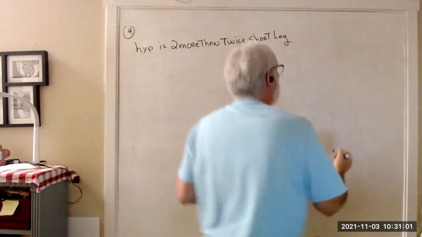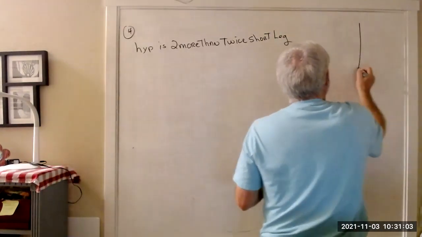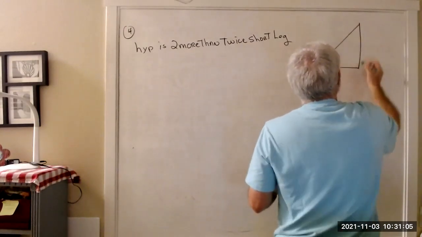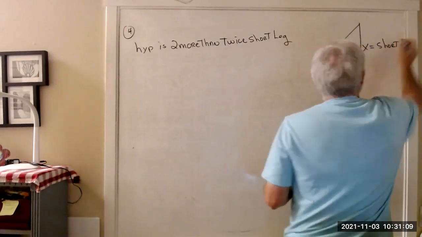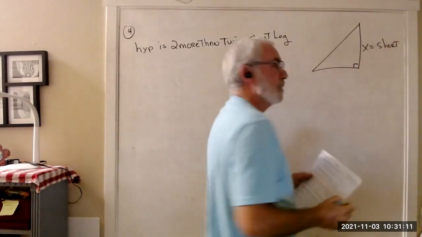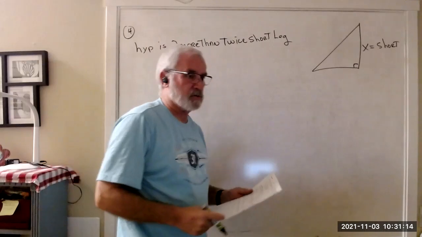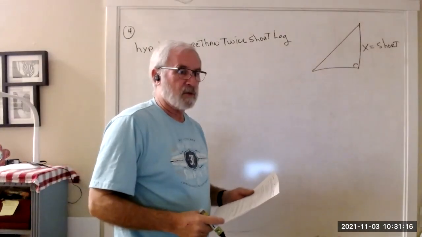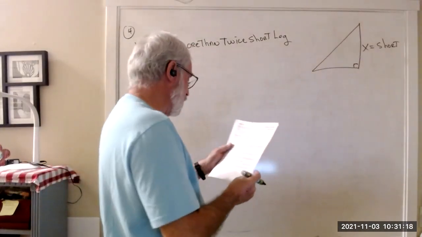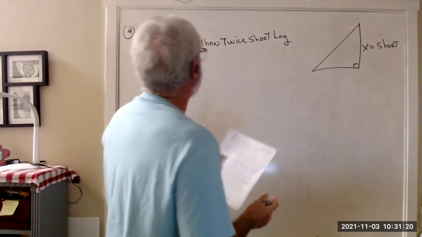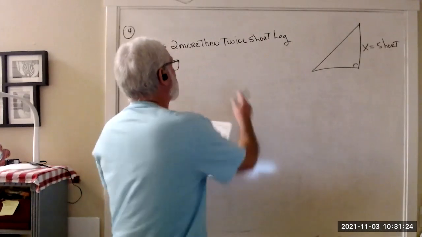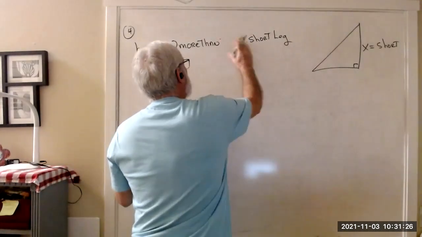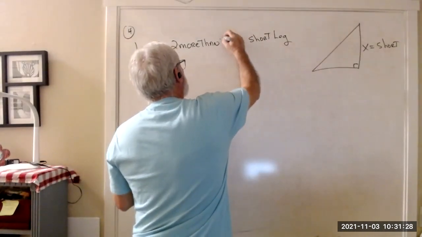Okay. So if I set up a drawing here and I say x is the short leg. Somebody, remember, somebody's got to be x. Okay. So the hypotenuse is 2 more than, oops, I'm copying the wrong one. 3 times, I'm sorry, 3 times the shortest leg.